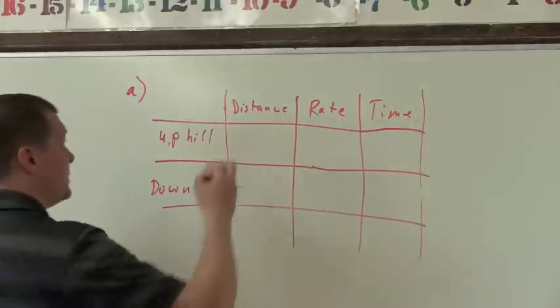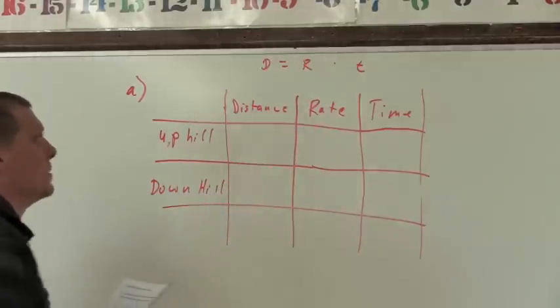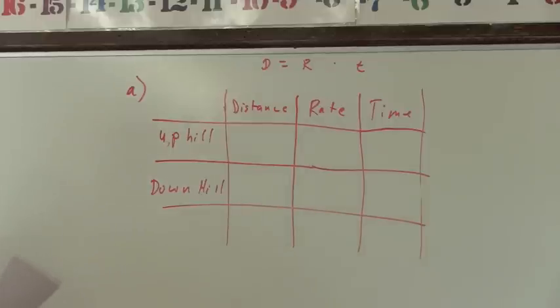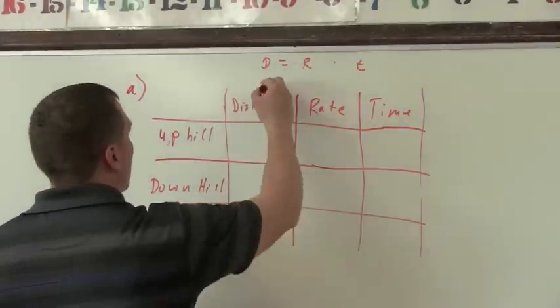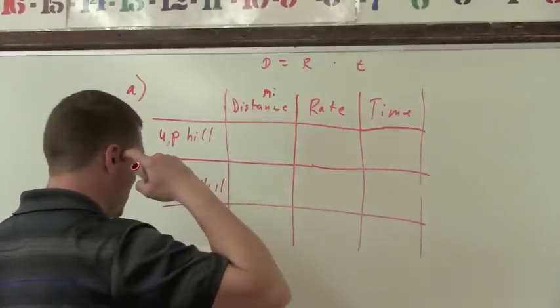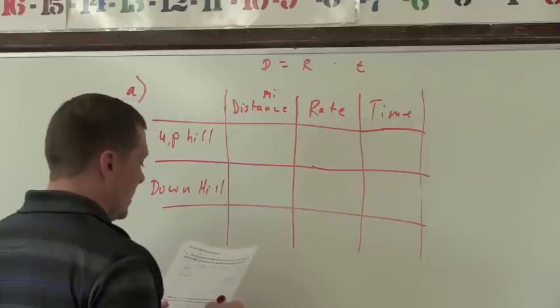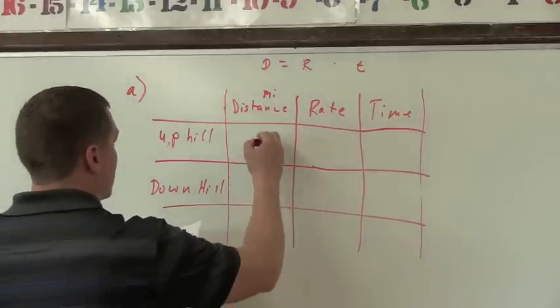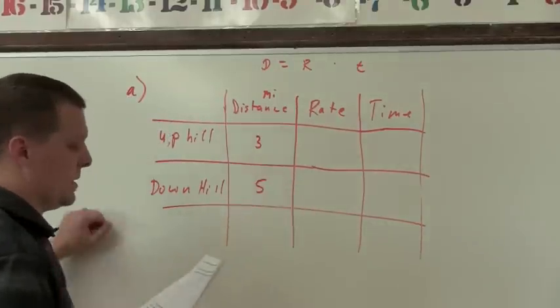And if you remember, distance equals rate times time. In this problem, our distance is in miles. So she has uphill 3 miles, and downhill she has 5 miles. So those are our distances.